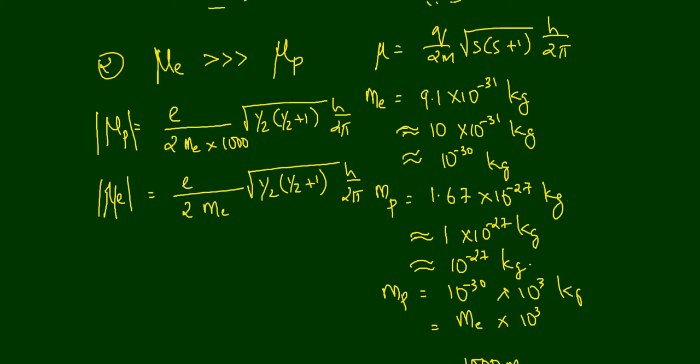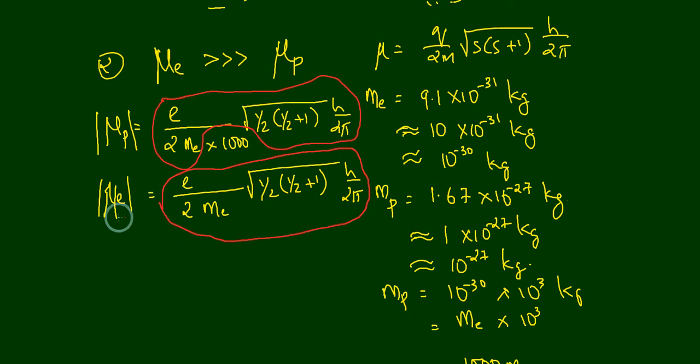So let me take some part of this equation, this much part: e divided by 2 me into root of half plus 1 into h divided by 2 pi. What is that? That is the magnetic dipole moment of the electron, right?